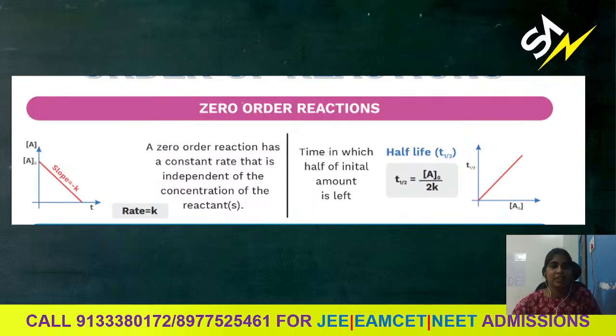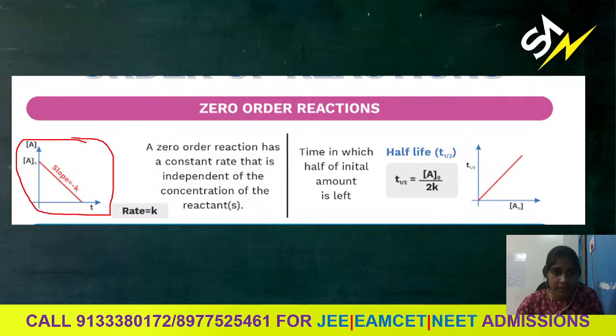Okay, let's see a few graphs for determining the rate constant K. A zero order reaction has a constant rate that is independent of the concentration of the reactants. Understand this? A zero order reaction has a constant rate. There is no change in the slope.